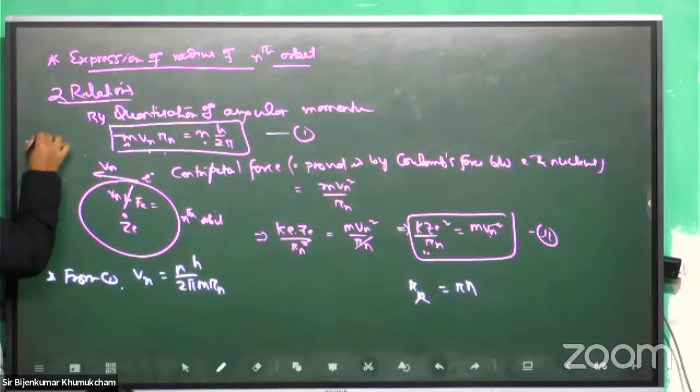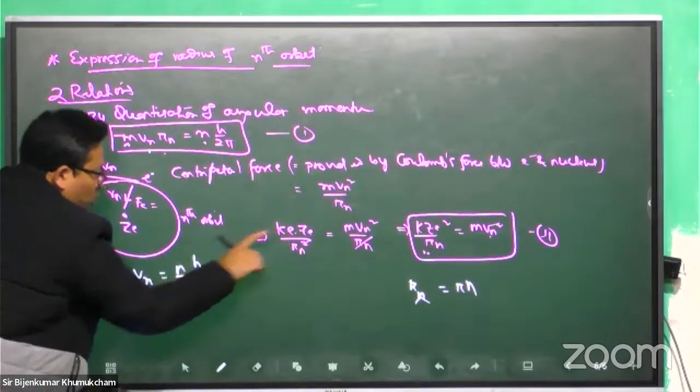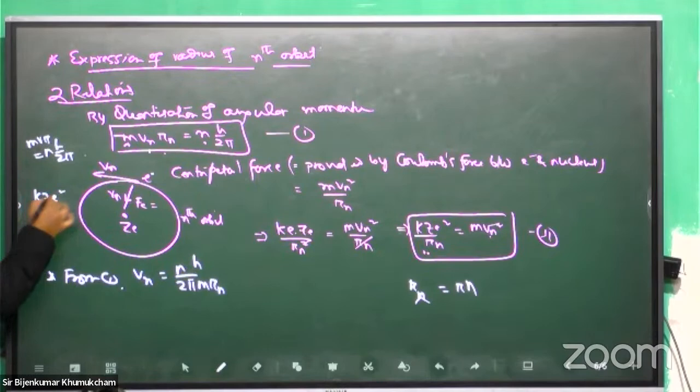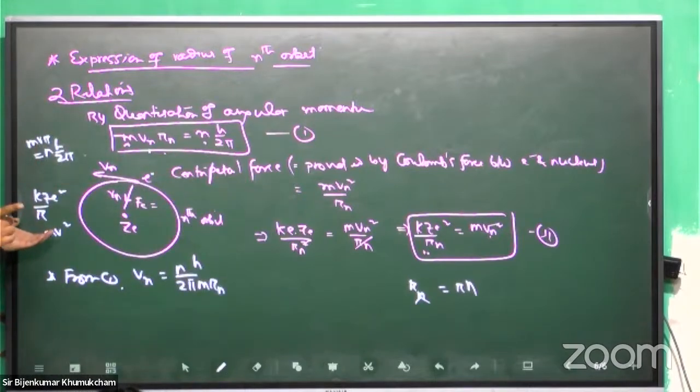Just write m v r equals n h by 2 pi, and here also K Z e square divided by r equals m v square. But when you write the final expression, write v_n and r_n. It will be very easy.